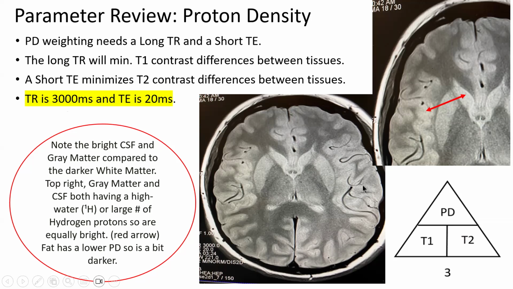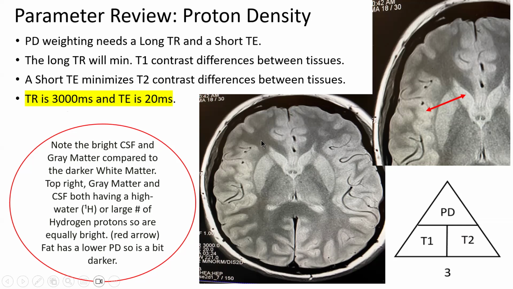So whoever is bright on proton density has a high number of protons. So look at the cerebral spinal fluid here in the ventricles, and this is the putamen, I believe. No, caudate nucleus. So these two tissues right here are bright compared to white matter.